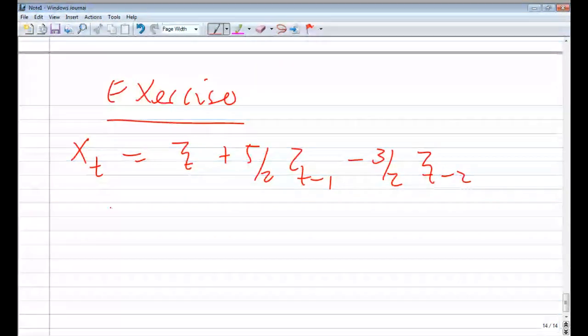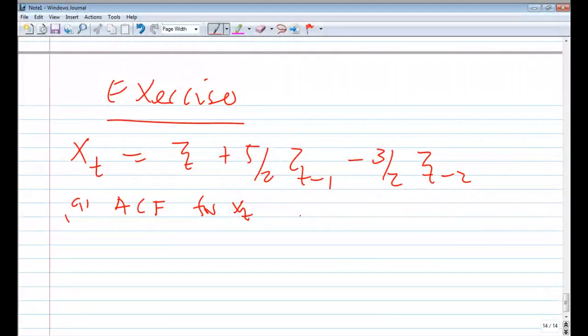And I said just go and calculate the ACF and the ACVS for xt. Actually, I was supposed to start with the ACVS for xt. Still remember that one? And I said you have to plot the graph and so on.